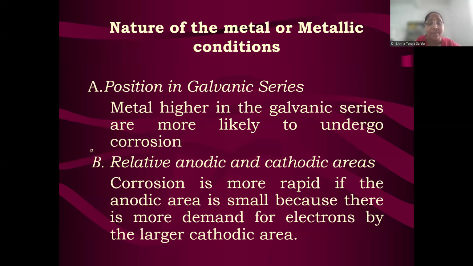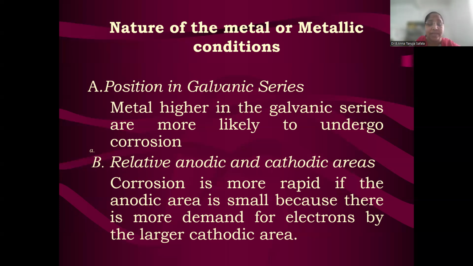That is why the metals placed above in the galvanic series generally have the tendency to corrode. So in the galvanic series, zinc, magnesium, cadmium, and their alloys are placed above. They have a high tendency to corrode.